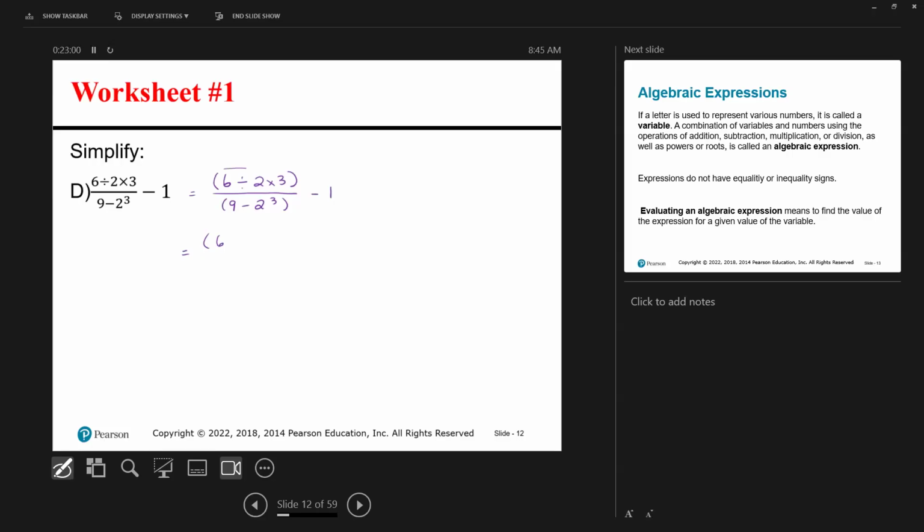Going left to right, we come across the division first. So 6 divided by 2 is just going to be 3. So we have 3 times 3. And like I said, we'll deal with the bottom after we deal with the top.